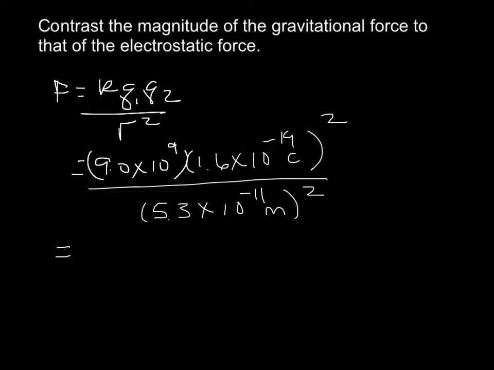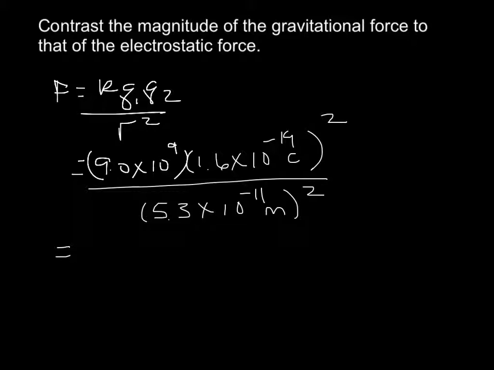Lots of people forget to do that. Okay, so carry this out on your calculator. 9 times 10 to the 9th times 1.6 times 10 to the minus 19 coulombs squared. Again, the reason we did that is the proton and the electron have the same magnitude of charge. And we're going to divide that by the distance between the proton and the electron, which is 5.3 times 10 to the minus 11 squared.